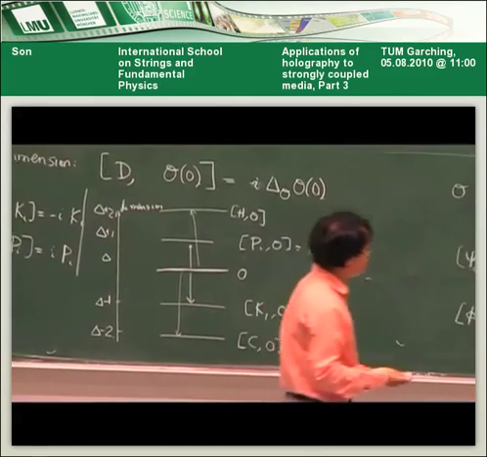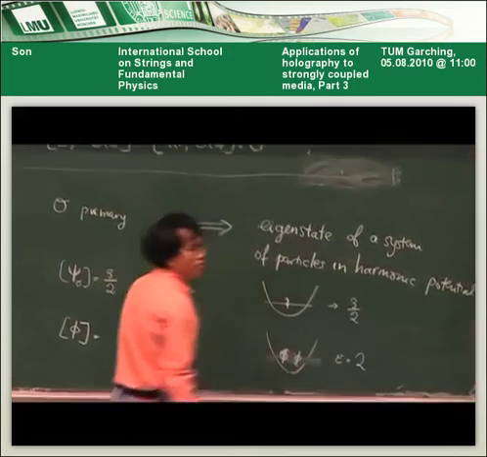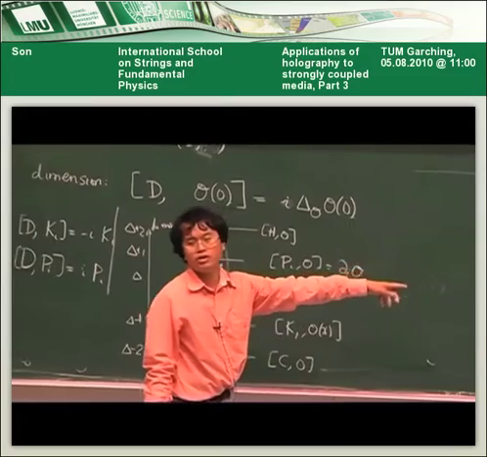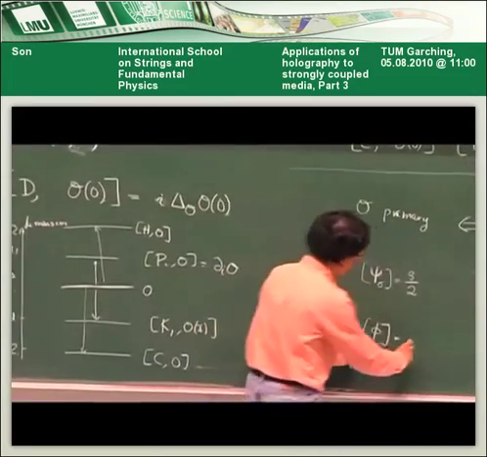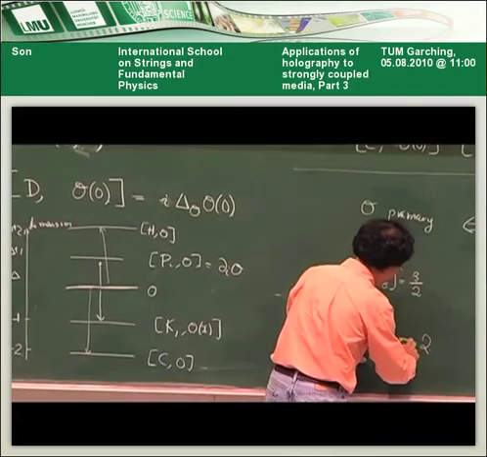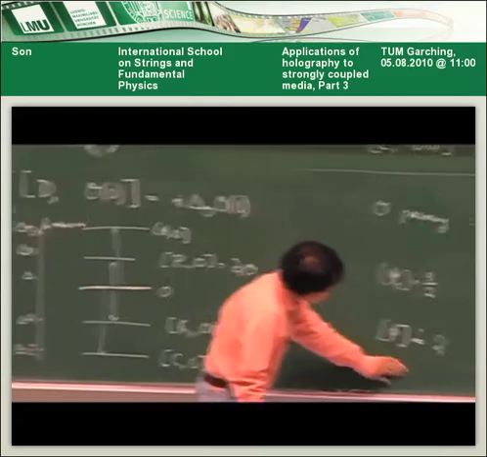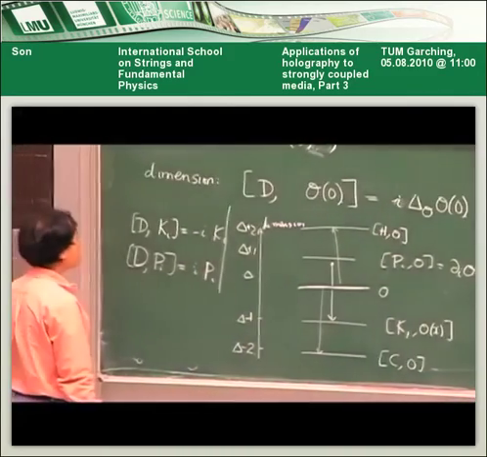The energy of the ground state there is equal to 2. So from this operator-state correspondence, we conclude that the dimension of this operator phi has to be equal to 2. Okay, let's check that the dimension of phi is equal to 2.